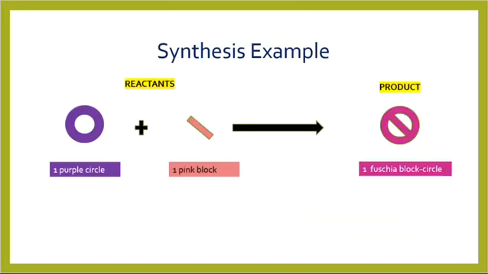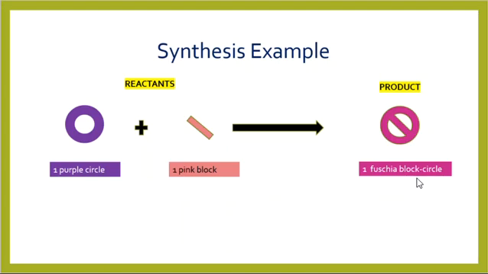We're going to use this synthesis reaction as an example to illustrate what an incomplete reaction would look like. Just to remind you of what synthesis is, if you have two reactants indicated here by a purple circle and a pink block, a 1-to-1 ratio, you'll notice, of the reactants combines to form one single product.